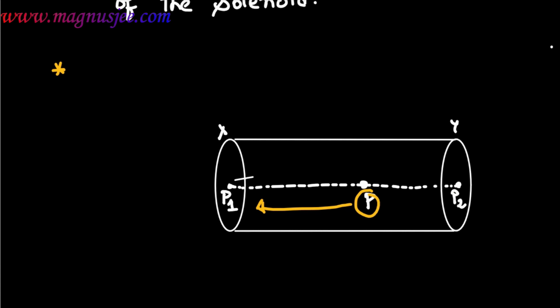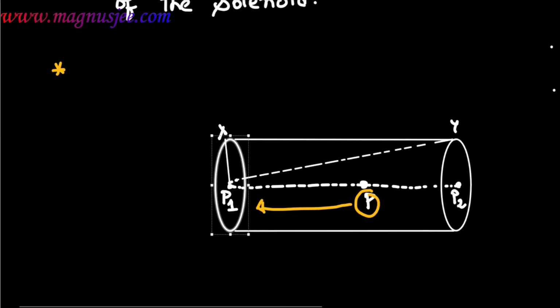And if P coincides with P1, that means the point of observation is P1. In this case, the oblique distance of the end Y from the point P1 makes an angle theta 2, and XP1 is the perpendicular distance of the end X from the point P1.